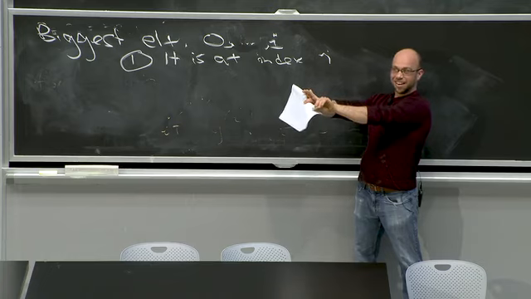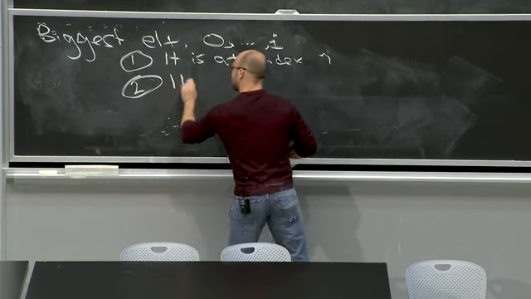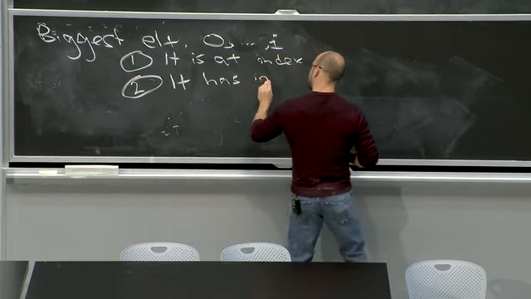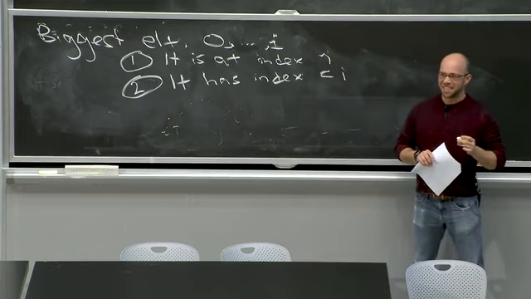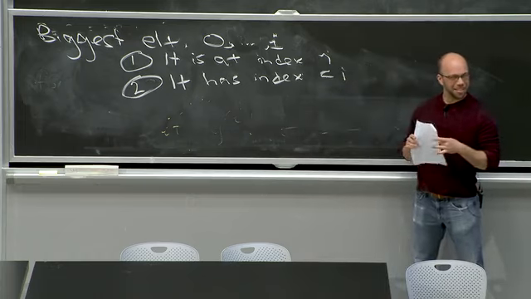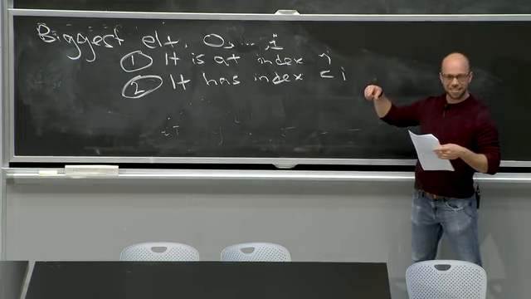It ain't. In other words, it has index less than I. This is kind of a tautology, right? Like either the biggest thing is at this index or it's not, in which case it has to be to the left. Does that make sense?